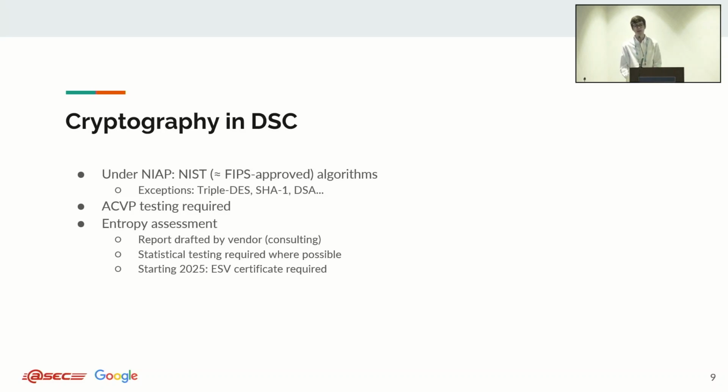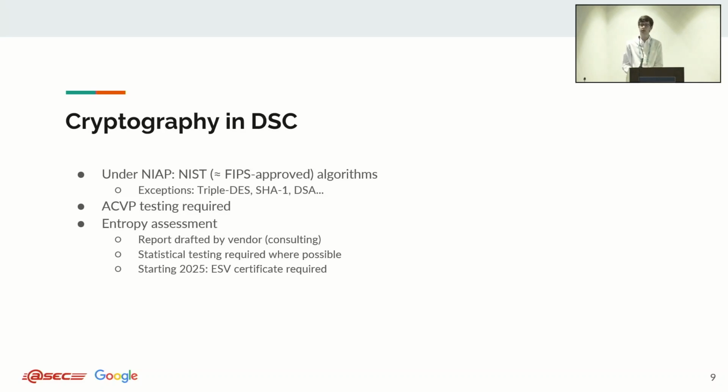As Brian mentioned, the DSC has multiple algorithms that are allowed, not necessarily just the NIST algorithms, but also international algorithms. If we're looking at NIAP, however, which is the United States scheme, you will be restricted to the NIST or FIPS-approved algorithms.